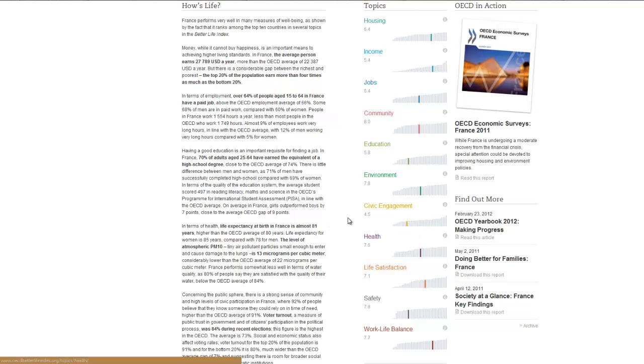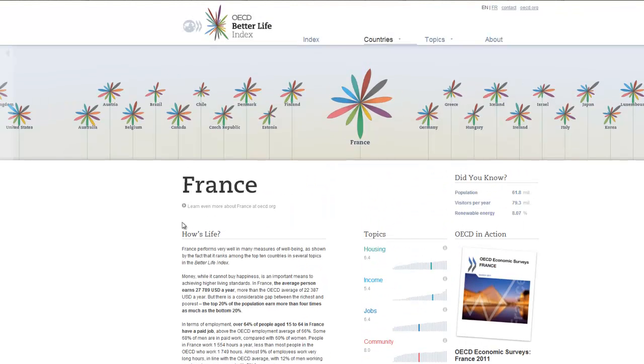And we see that civic engagement, well, not so much, and we've seen that in the latest legislative elections with a fairly low participation rate. But on the other hand, on other indicators, such as work-life balance, France does pretty well. And then you have the textual analysis here if you want to know more about this.